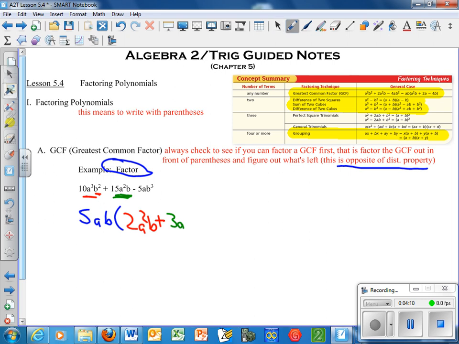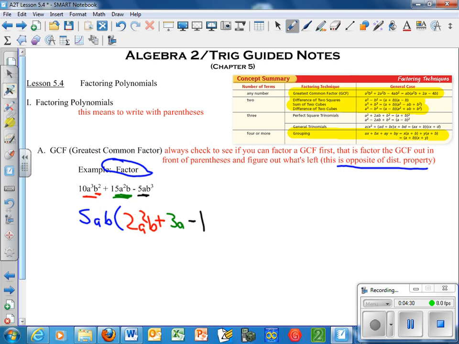Then we go to the last term. We factored out a positive, so the signs are going to stay the same. Now, I factored out a 5, I only had a 5, so I have a 1 here. Again, if you want to write it there, you can. I'll write it there this time. I took out an a, I only had an a to the first, so I won't have an a on this term.